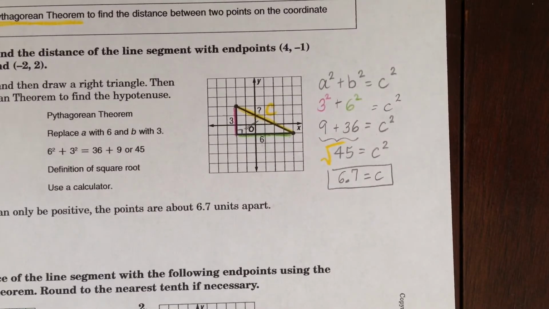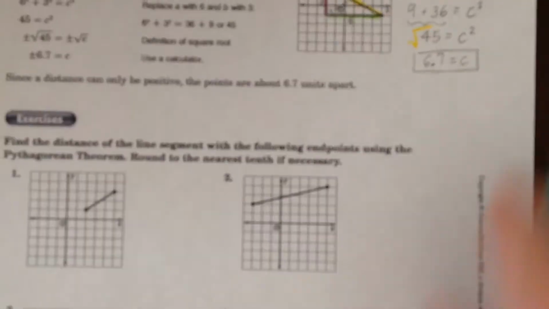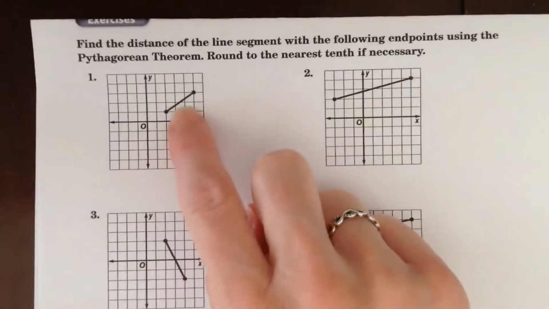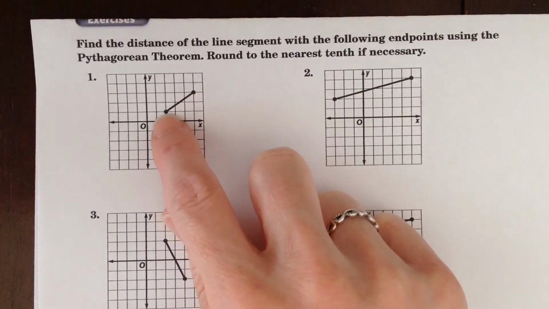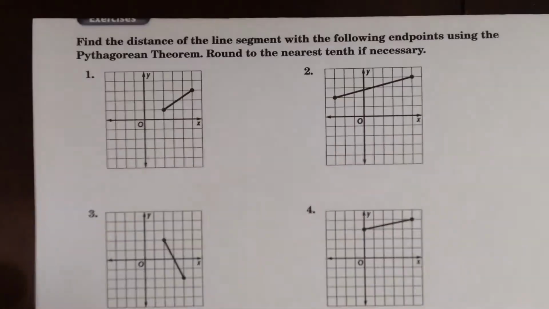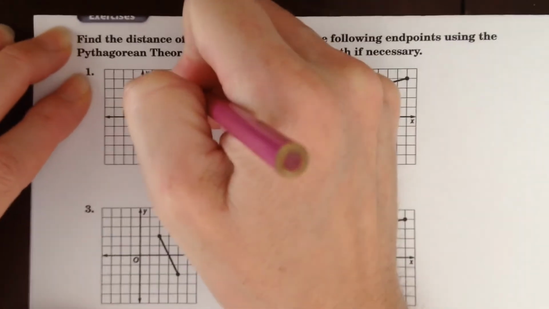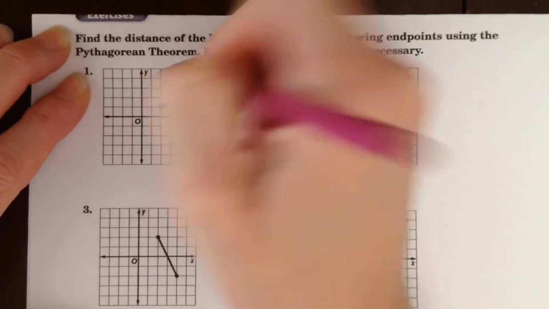Okay, let's do another example. Down here, I've got number 1. Let me fold this in half so you can see it a little better. We're going to find the distance of this line. What's nice about this, it gives you the coordinate plane. You can just use your squares to create that right angle.